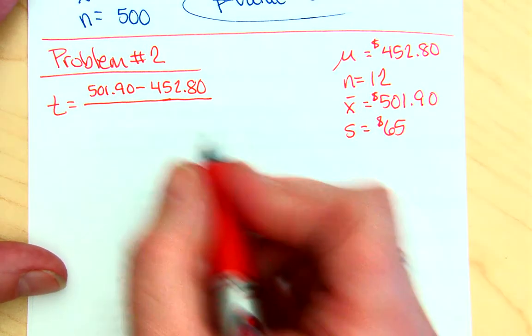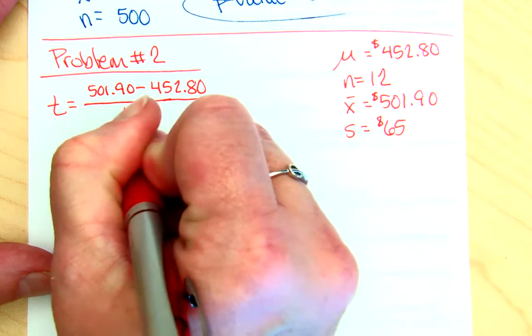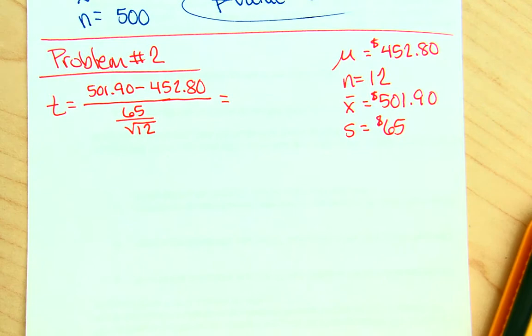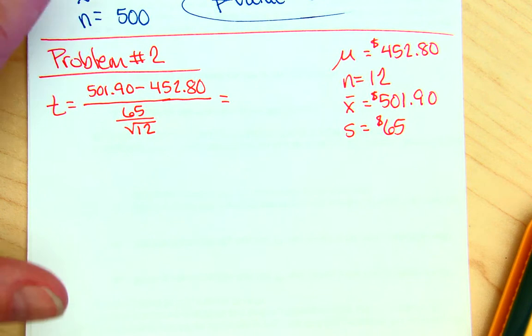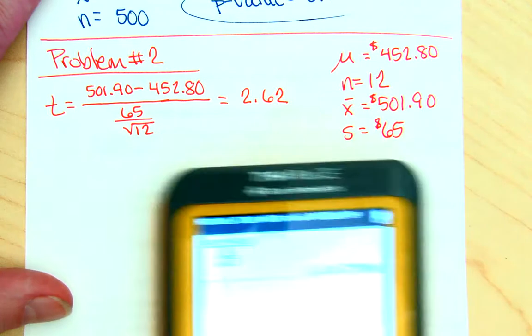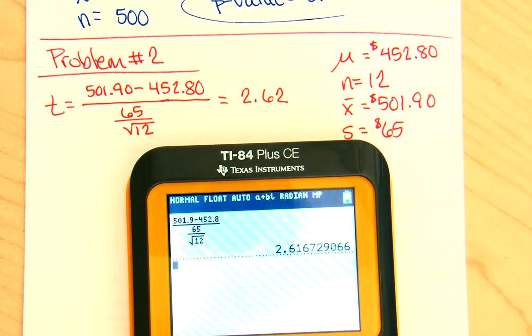So standard deviation divided by square root of sample size. Value of 2.62.